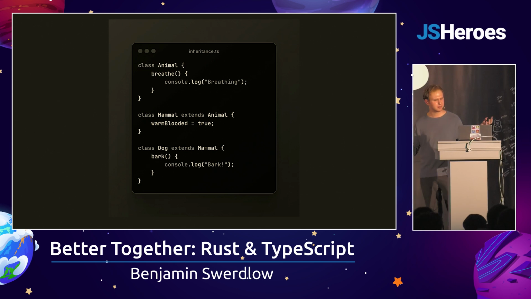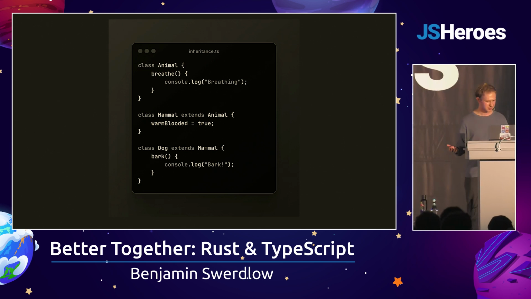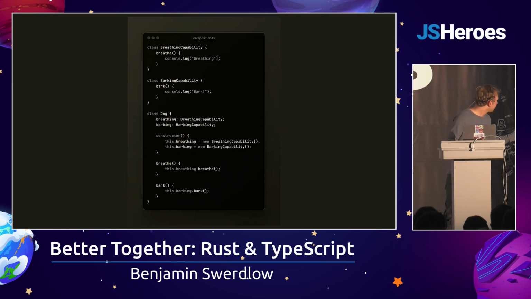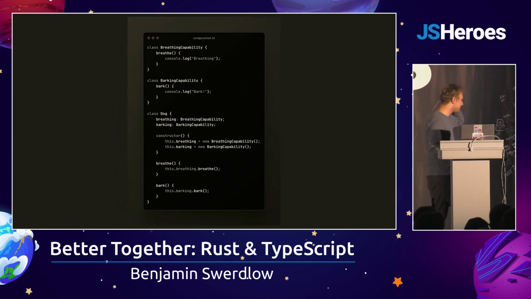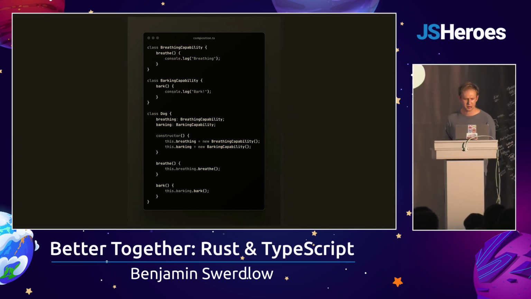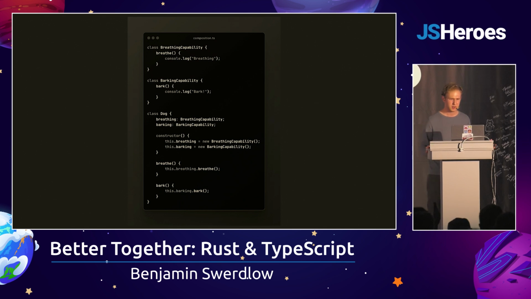So this is the animal demo I just went through. Fairly simple, you know? And this is the composition demo. Now, it's a little longer, but I want to emphasize the coolness of the way this works.